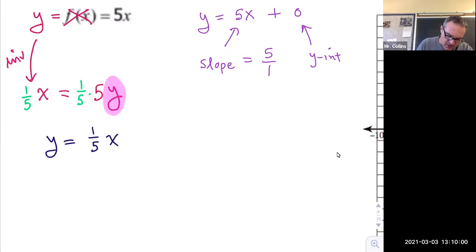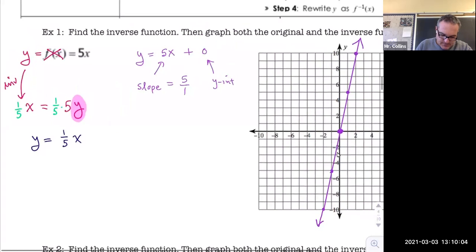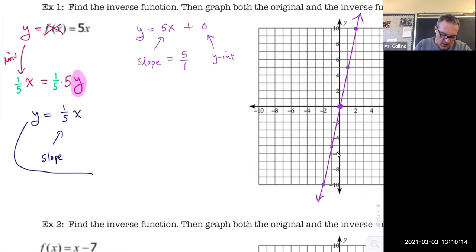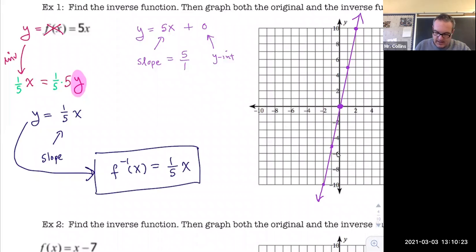All I did was take this y and switch sides with it. So of course, what does that mean? That's my slope. And of course, I still have a y-intercept of 0. By the way, you could go one extra step and call this f inverse of x equals 1/5 x. That would actually be what the inverse looks like.